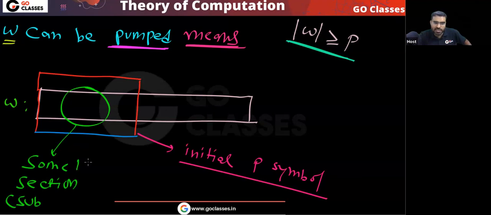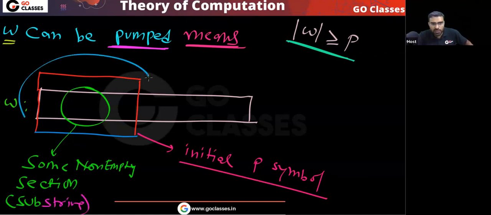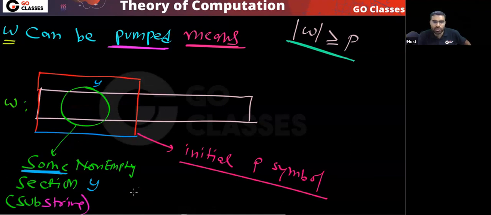Let's call this section Y. You can find some non-empty section Y such that I can repeat this Y zero or more number of times, and the resulting string will belong to the language L.